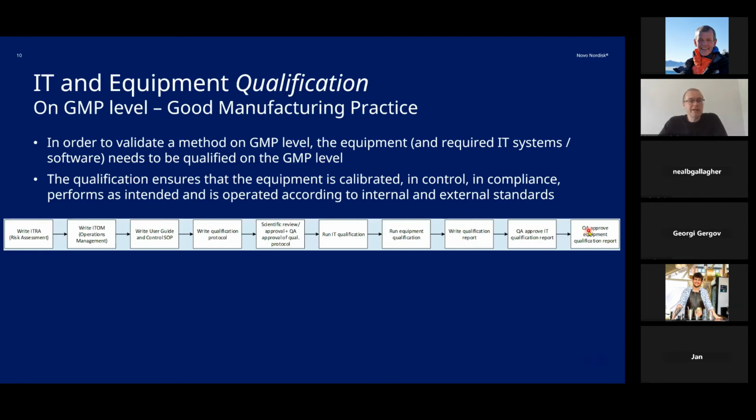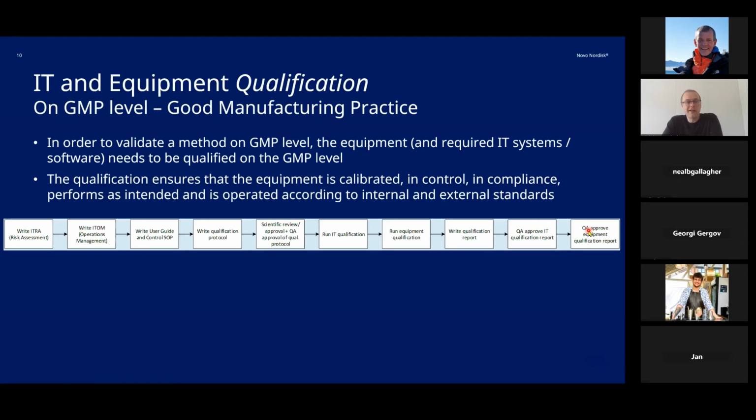So we need, as I said, qualified equipment for a GMP level investigation. So after a POC, we want to push into final method development. So we need the equipment to be GMP qualified, and we need all associated IT to be GMP qualified.